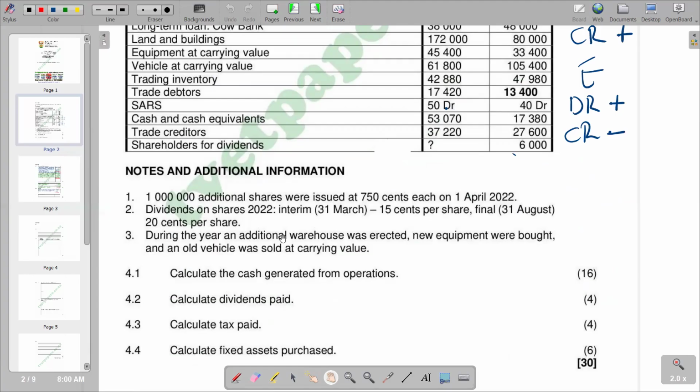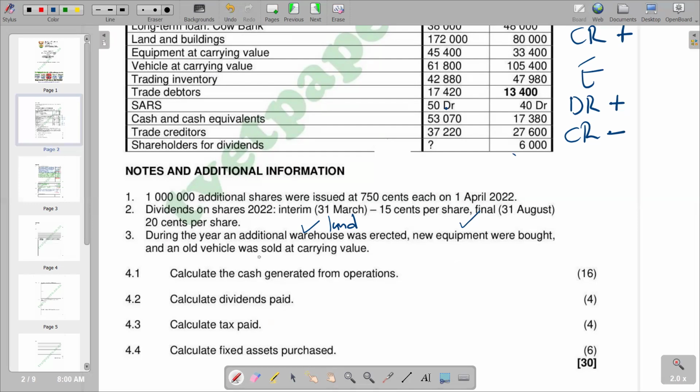During the year, an additional warehouse was erected, new equipment was bought, and an old vehicle was sold. So it's very clear that the only one that was sold was the old vehicle, and we are calculating purchases. So for the purchases, we only have the warehouse, which is land and buildings, and then we also have equipment, which was purchased. So we have 2 elements.